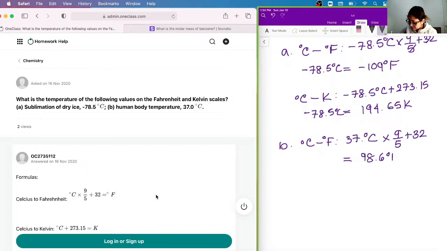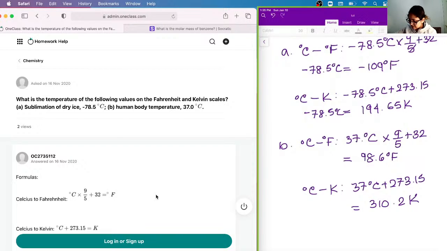And so this would equal 98.6 degrees Fahrenheit. And so the next one, where we convert Celsius into kelvins, the conversion factor was 37 degrees Celsius plus 273.15, and this gives you 310.2 kelvin.